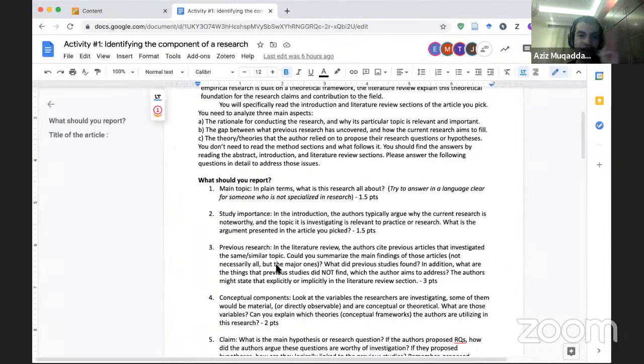Just pick the 3 major ones. So this study found this, this study found that, right? So maybe only 3 articles you cite from the literature review. So in other words, you don't have to do research yourself. This is very important. Just from the articles cited in the literature review, tell us what the main findings were, like 3 major findings. That's it. Don't need to do more than that.